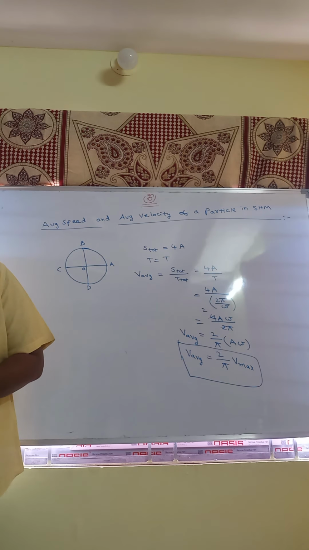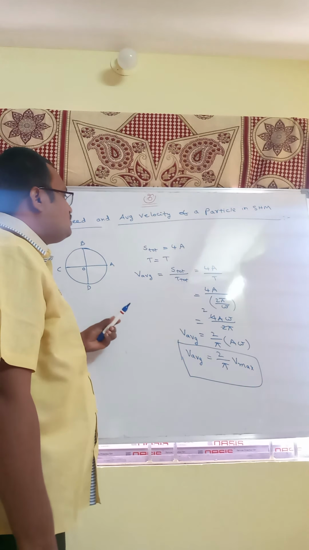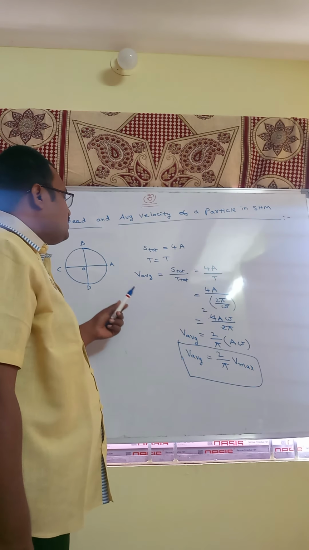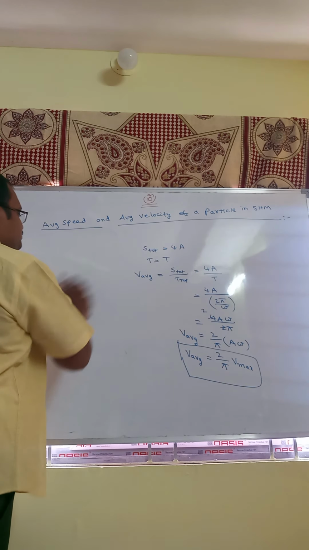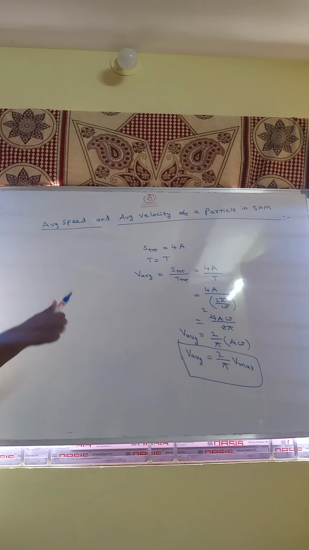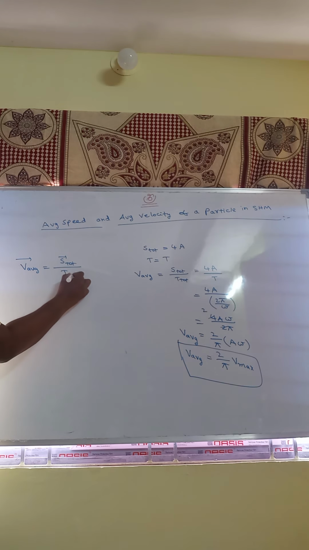Now we will go to the continuation, that is average velocity. We know that average velocity, V average bar, equals total displacement by total time.